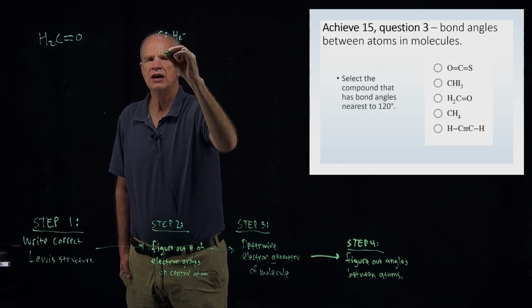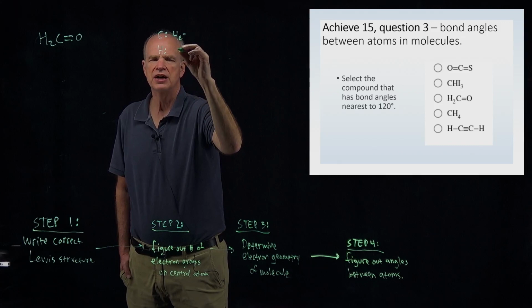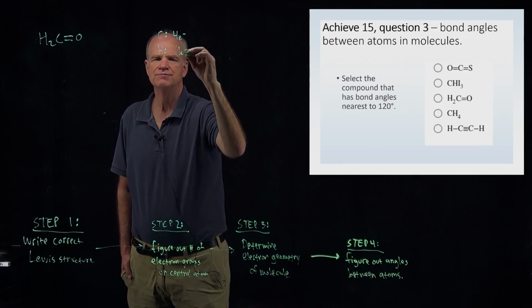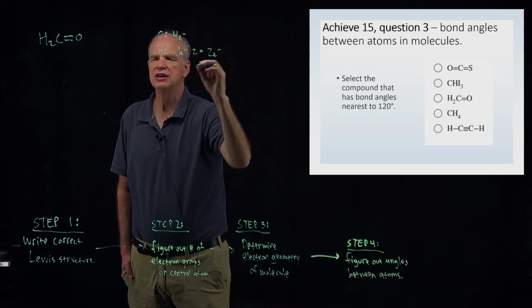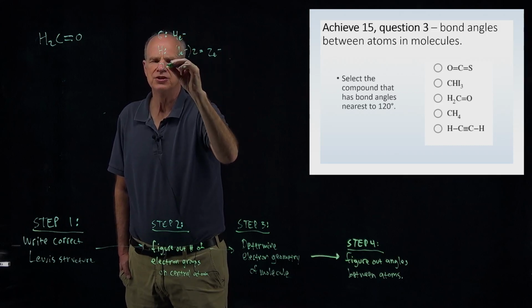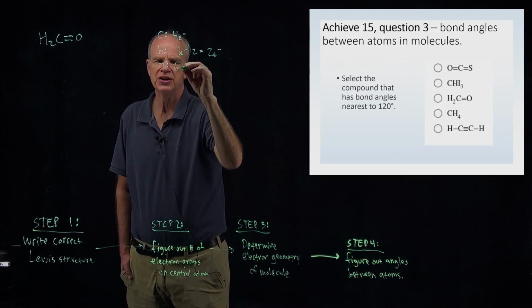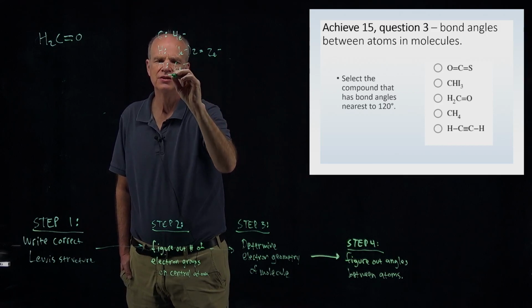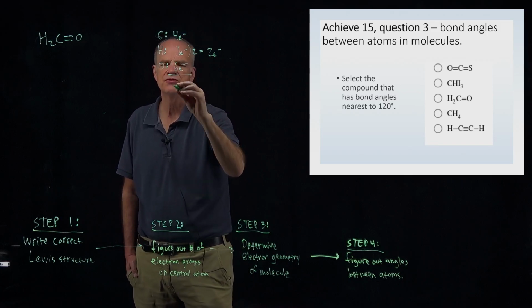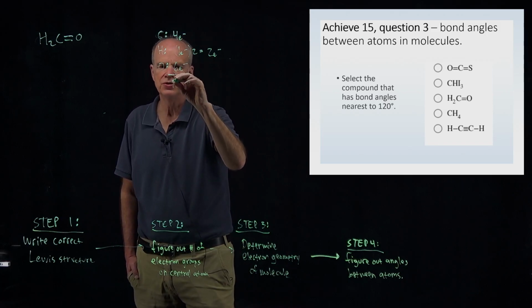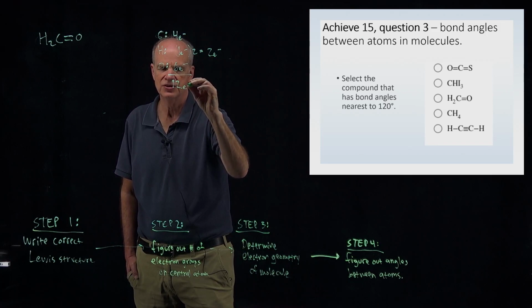And then we have hydrogen, which has 1 valence electron, but there are 2 here for a total of 2 valence electrons. And then you have oxygen here, which has 6 valence electrons. So we have 8 electrons here total, plus 4 gives you a total of 12 electrons.